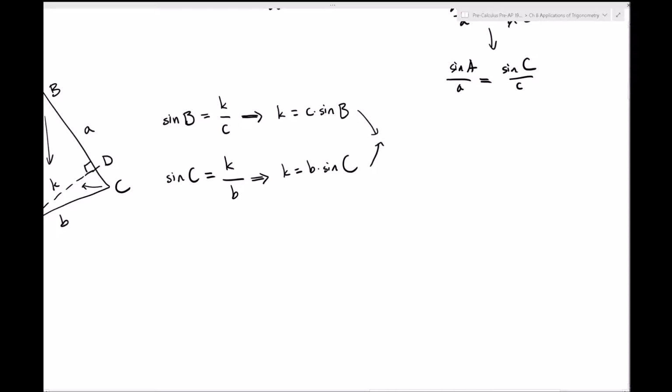So if k is equal to c sine B, and k is also equal to b sine C, that must mean that c sine B is equal to b sine C. We divide by c and b on both sides. The c's cancel here, the b's cancel here, then you're left with what we want. Sine B over little b is equal to sine C over little c.